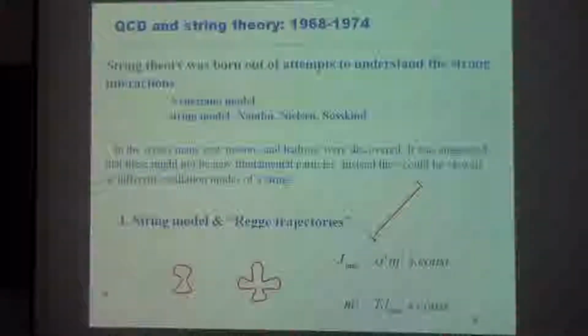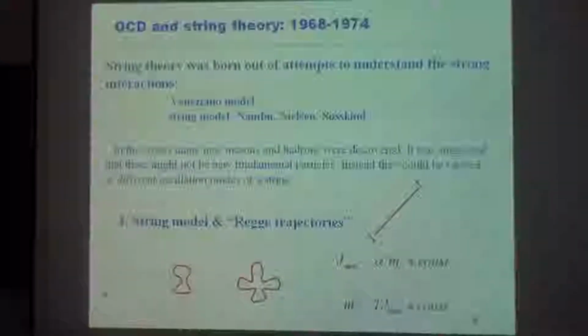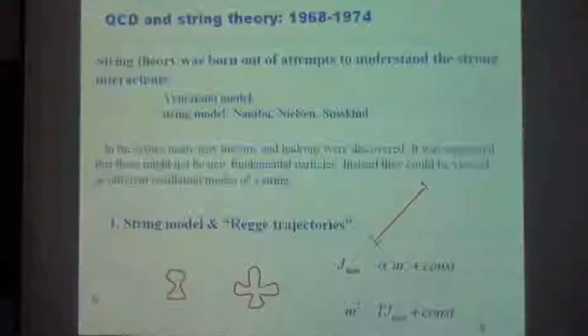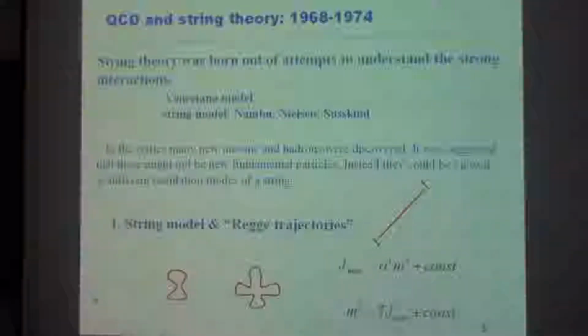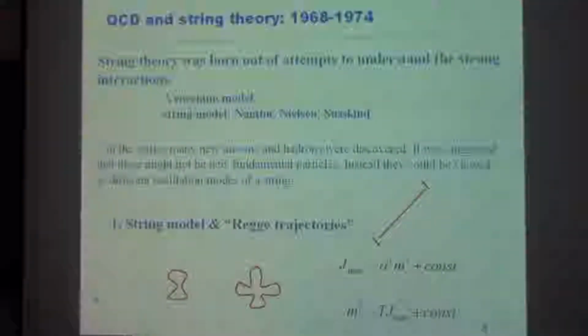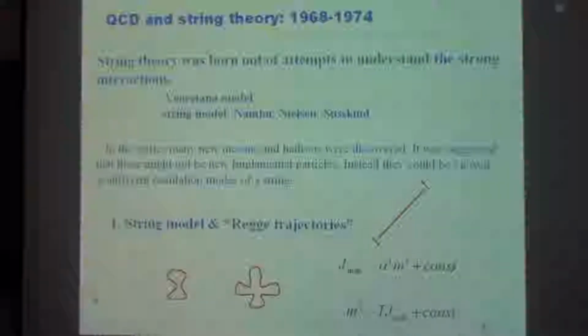Oh, sorry, microphone. Okay. I checked, actually this is spin, not the radial direction. But anyway, these Regge trajectories also hold for spin and also for radial excitations.